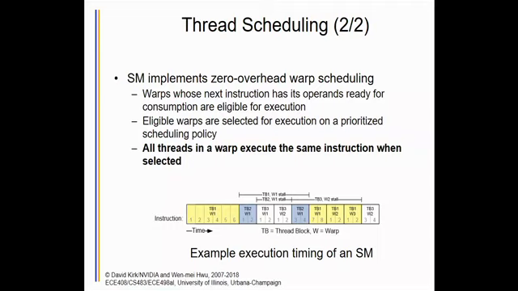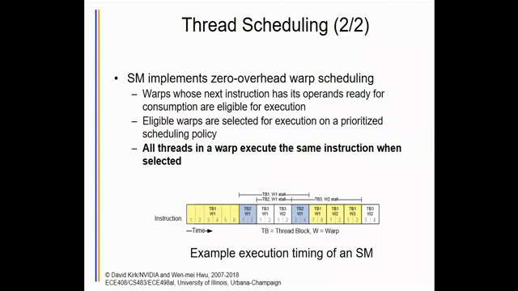It will execute for a little while until it hits an instruction that requires an operand that is not ready yet. That may be an add instruction that will be using a load instruction result, but that load instruction is still executing in the memory. Okay. So at that point, it will switch to the next warp, which is, in this case, thread block 2, warp 1.